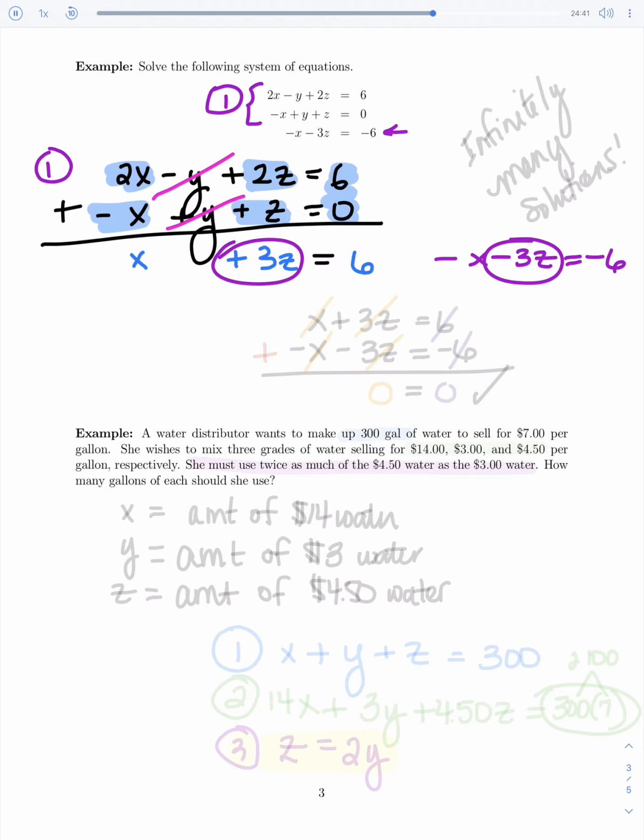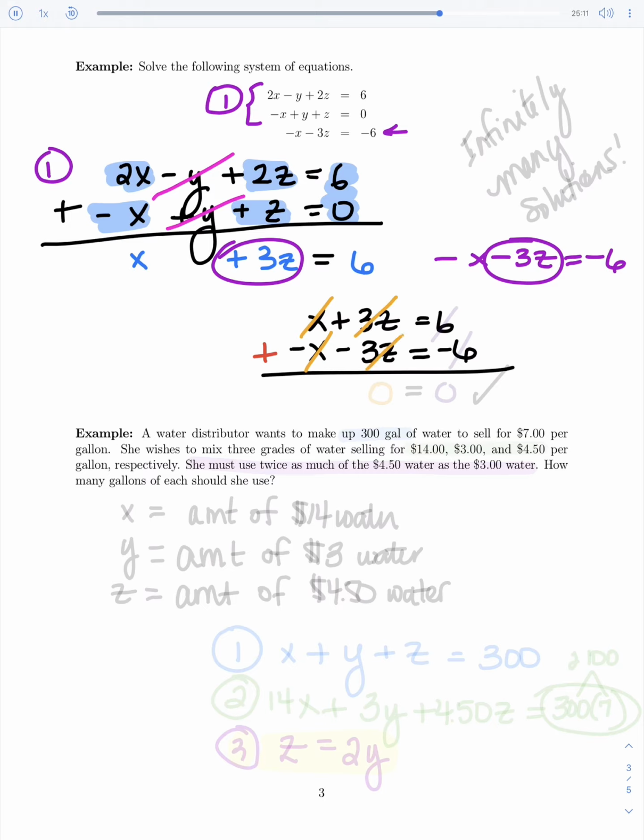So let's see what happens if I just go ahead and use elimination on these two. I've got x plus 3z equals 6, and negative x minus 3z equals negative 6. If I add these, the x's will cancel because one's positive and one's negative.